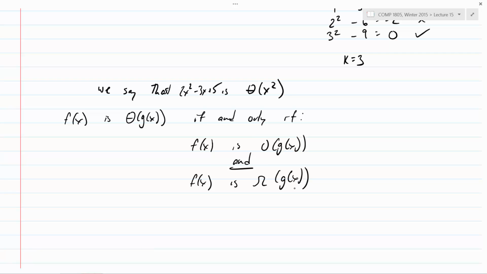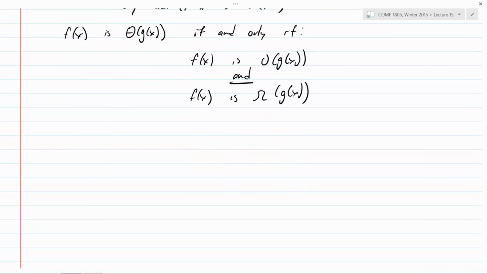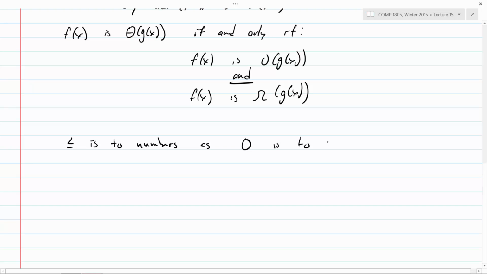So if you want to think of it in a different way, and this is helpful to some people, if you don't find it helpful, don't think of it this way. Less than or equal is to numbers as big O is to functions. Right? Less than or equal gives you an upper bound on a number. Greater than or equal is to numbers as big omega is to functions.